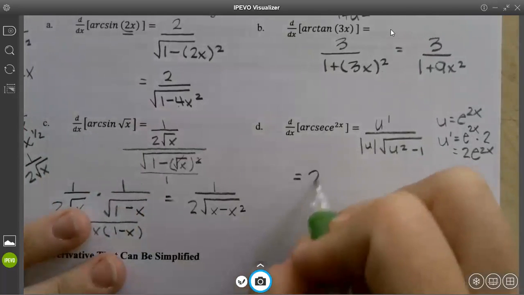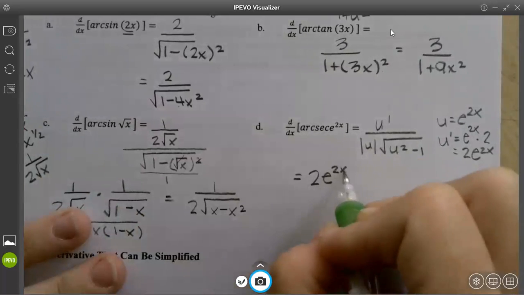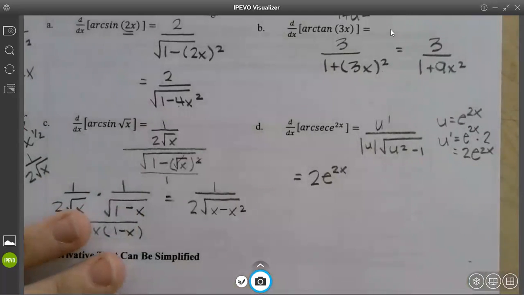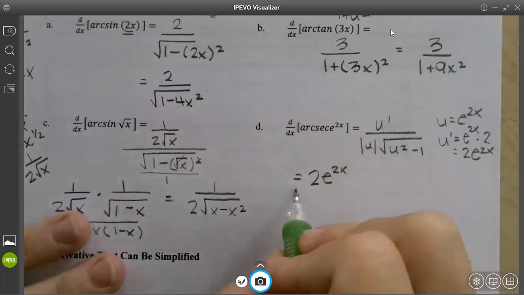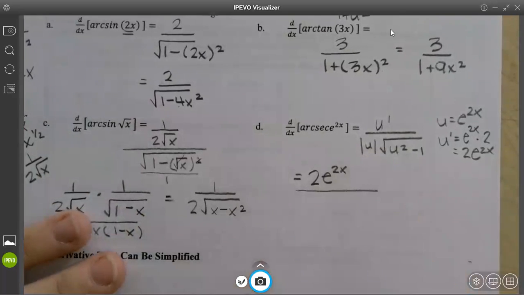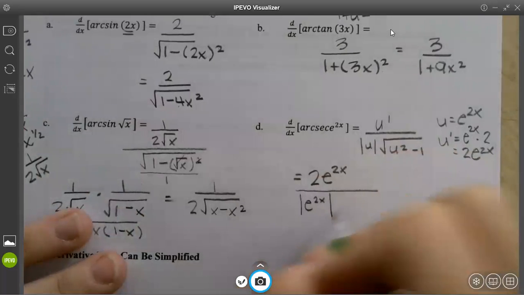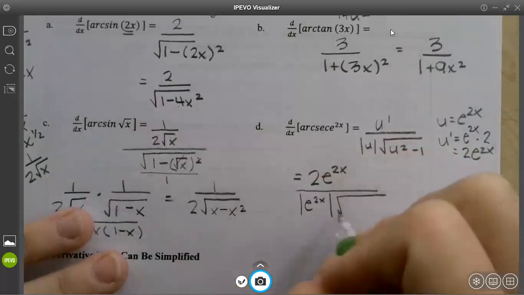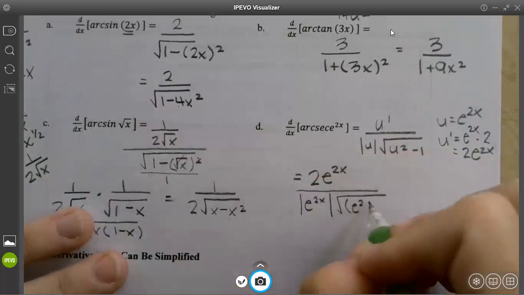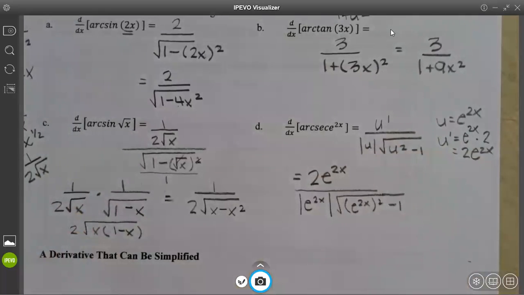So on the top, we're going to have 2e to the 2x. On the bottom, the absolute value, our u was e to the 2x, times the square root of e to the 2x squared minus 1. What happens if it's the same on the top and the bottom?